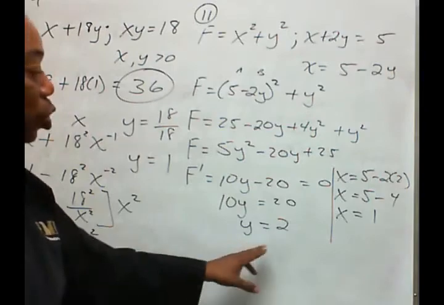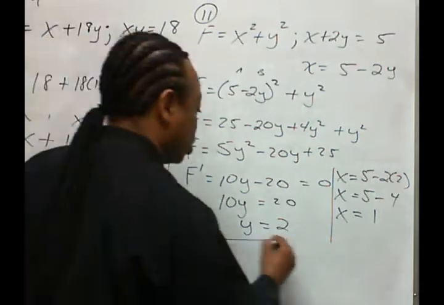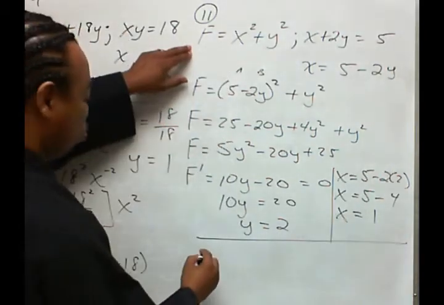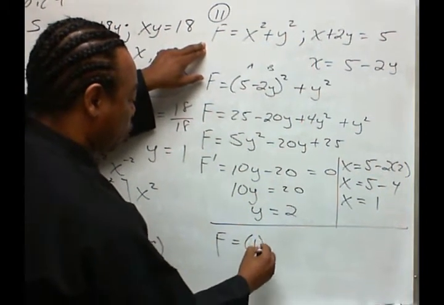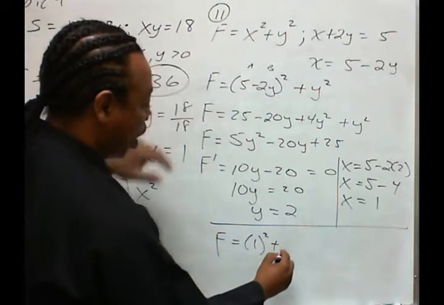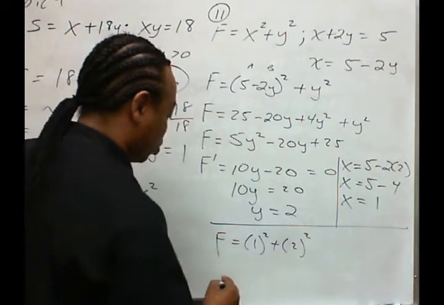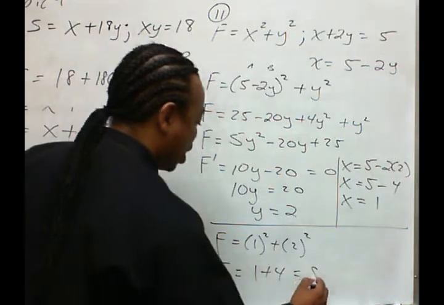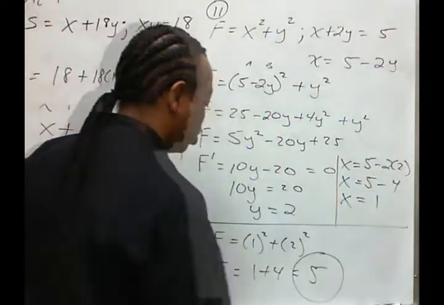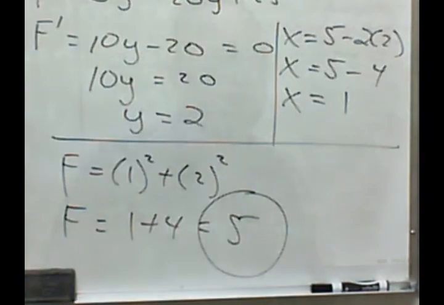So we have y is 2 and x is 1. So the minimum value will be f equals x squared, which is 1 squared, plus y squared, which is 2 squared, which ends up being 1 plus 4, and the minimum value for the function f is 5.